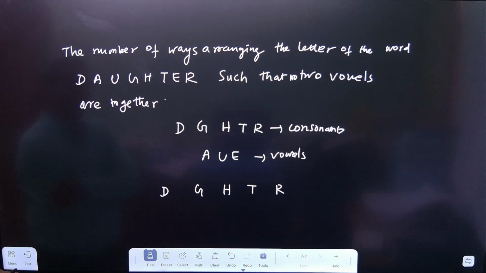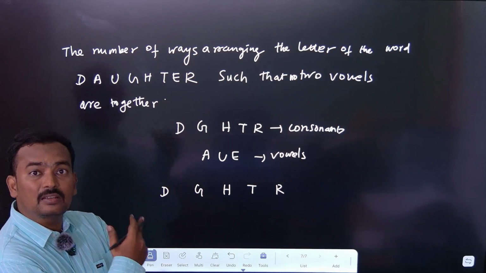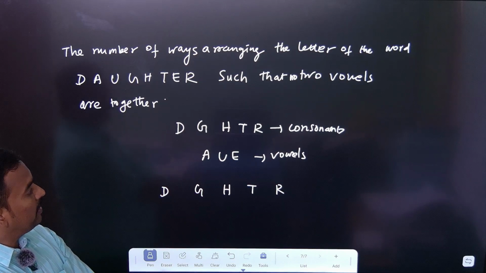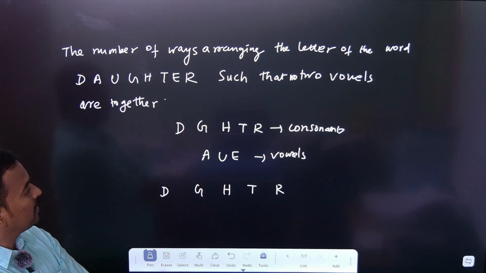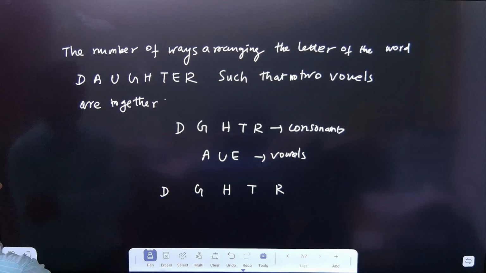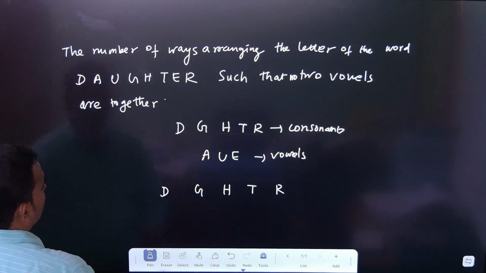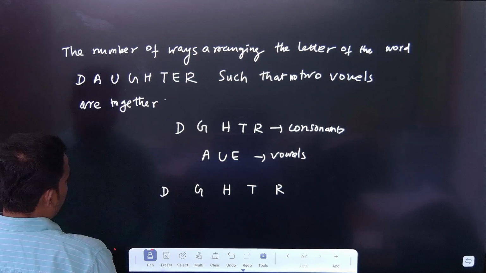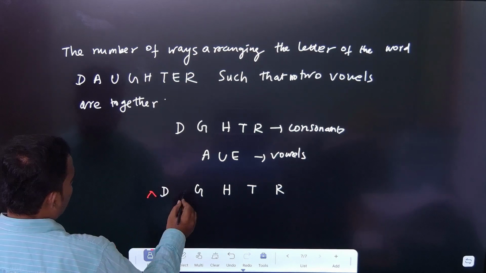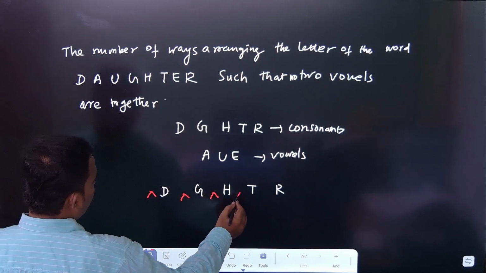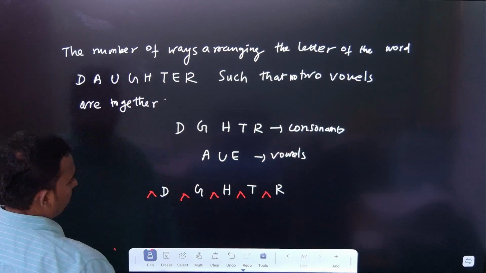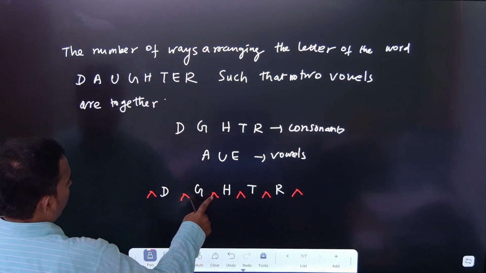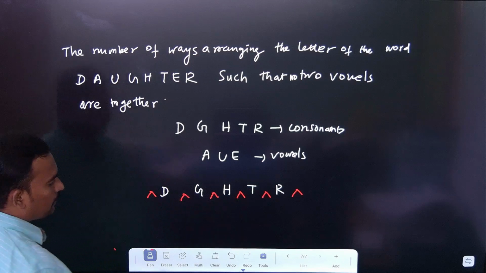That means we have to arrange them in alternate ways only, right? Where can you fill them? Only in the gaps. How many gaps are there? 1, 2, 3, 4, 5, 6.